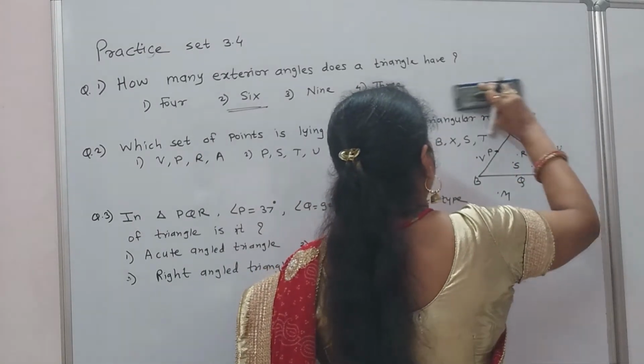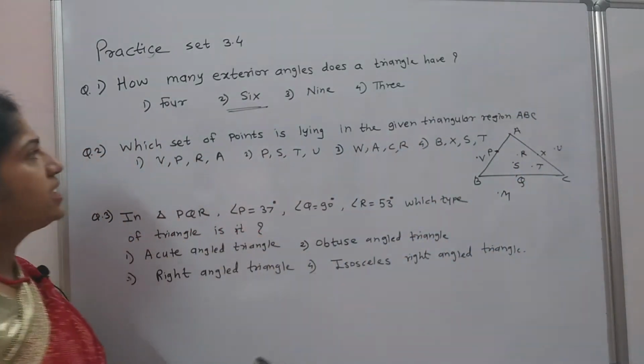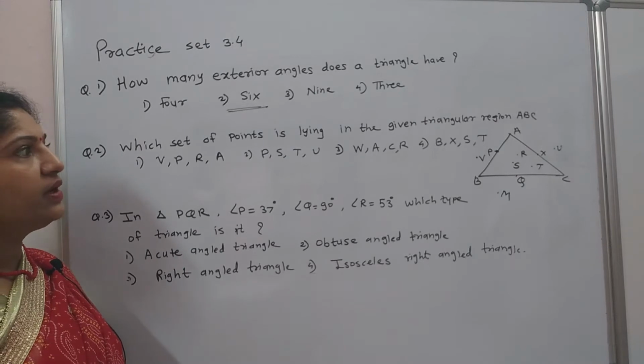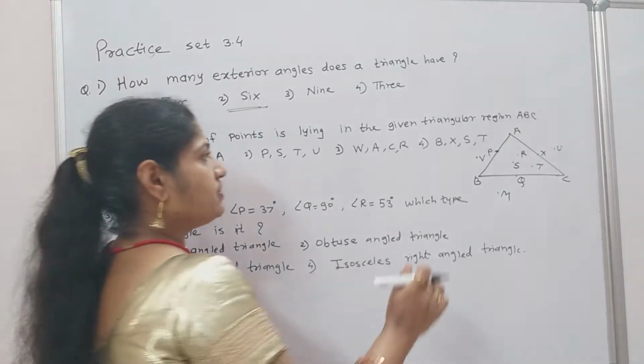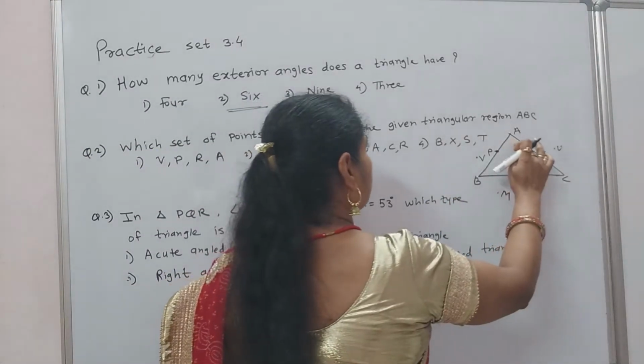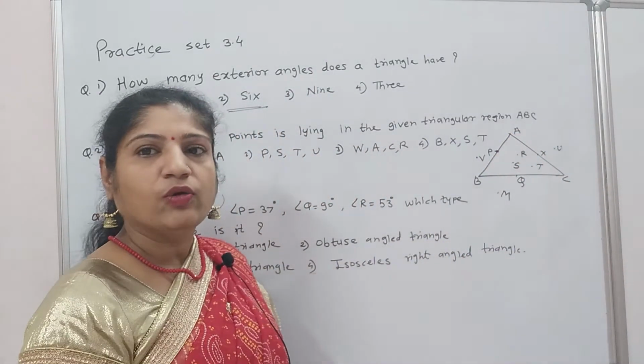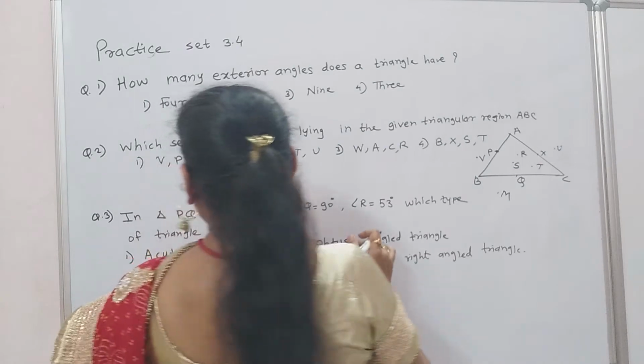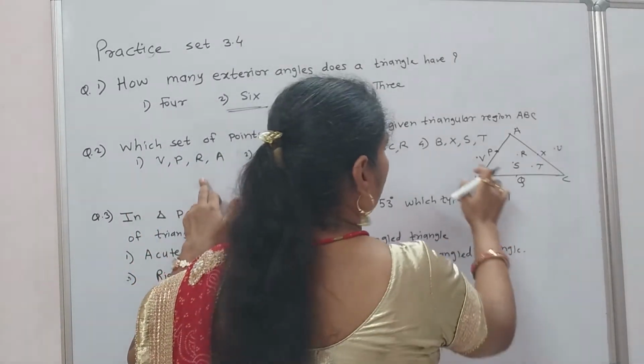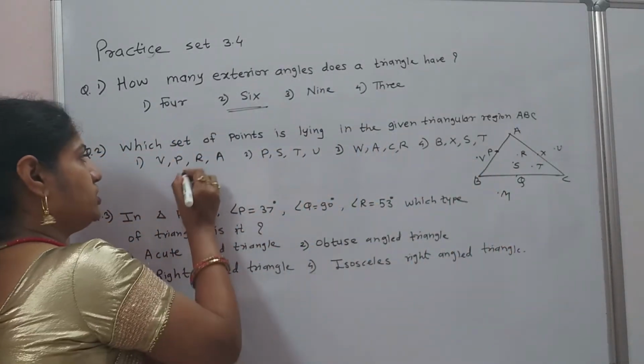Now the second one. Which set of points lies in the given triangular region? What is meant by triangular region? The interior part and the triangle itself is called the triangular region. Now, the first option is VPRA. V is an exterior point, so this option is wrong.